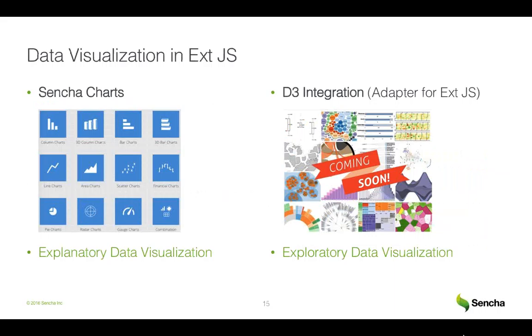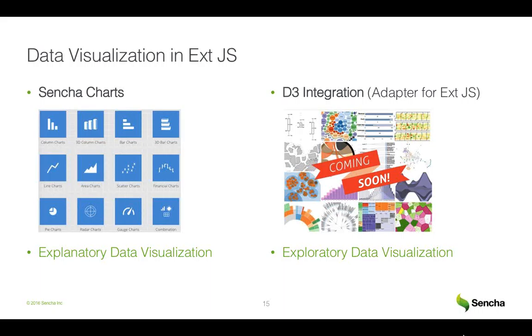So in the context of ExtJS, if you think of these two broad level terms, explanatory data visualization and exploratory data visualization, we already provide a charting package. If you're familiar with Sencha ExtJS, we have a charting package that contains column charts, bar, pie, line, scatter, and everything that you need in terms of taking your data in your application and presenting it visually and narrating or explaining your story that you know of.